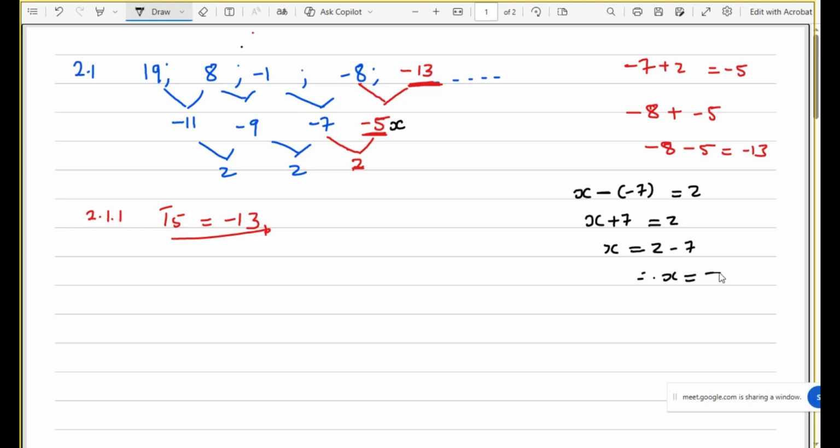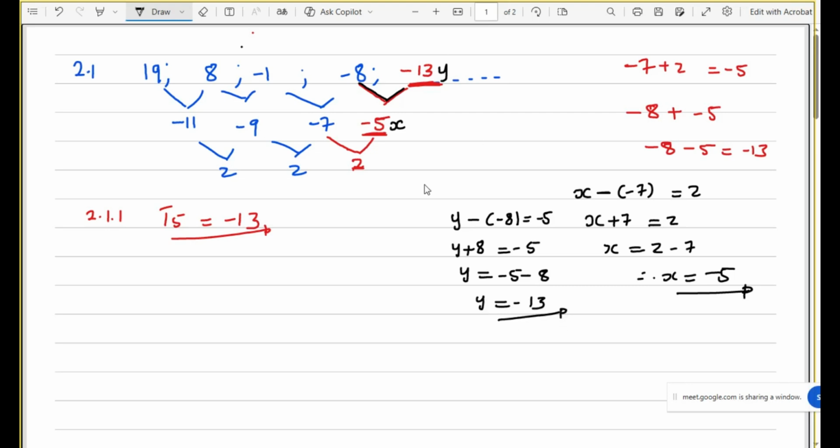Therefore, x is minus 5. So now you understand where that minus 5 is coming from. Let's say this is y. When I subtract minus 8 from y, I should get an answer of minus 5. So y plus 8 is equal to minus 5. The 8 goes to the other side to be negative. Therefore, y is minus 13. So now you understand where that minus 13 is coming from.